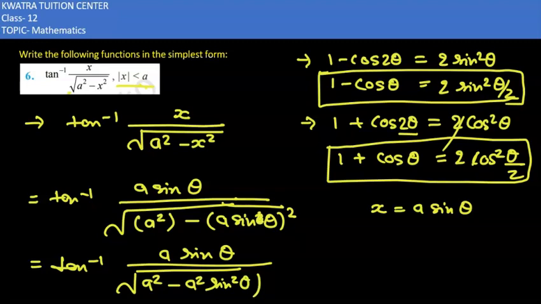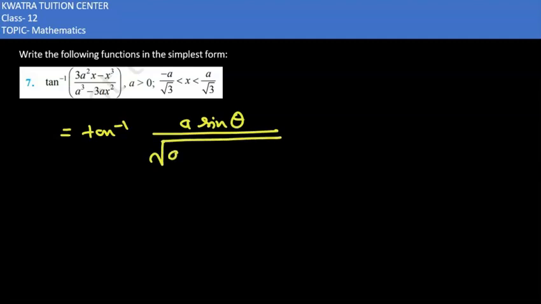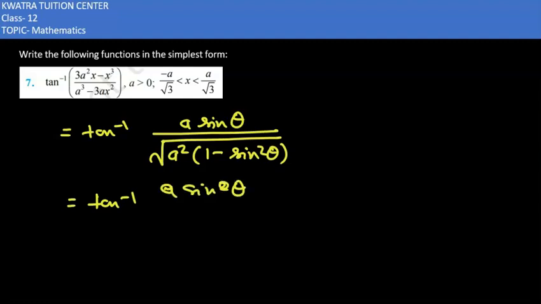Further we take tan inverse of a sine theta, and within the square root we can take a square common, so we will get 1 minus sine square theta. So this is tan inverse of a sine theta only, further divided by the square root.